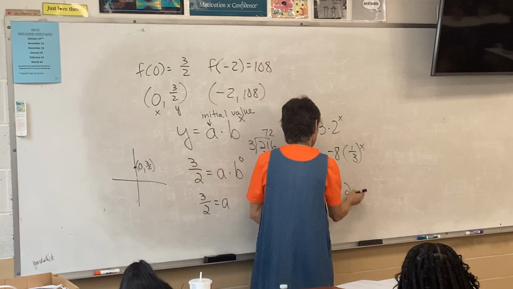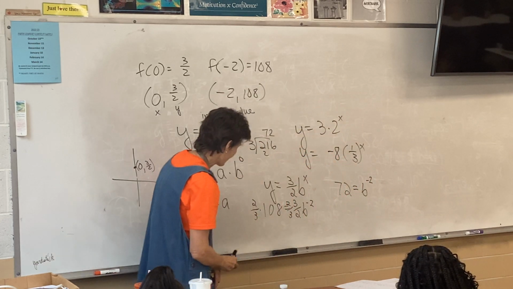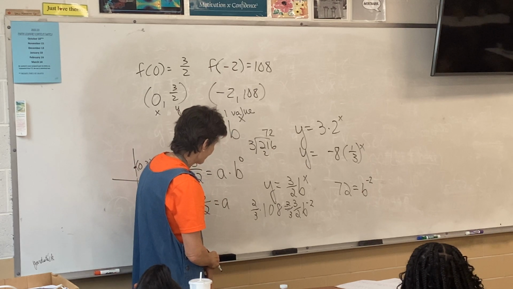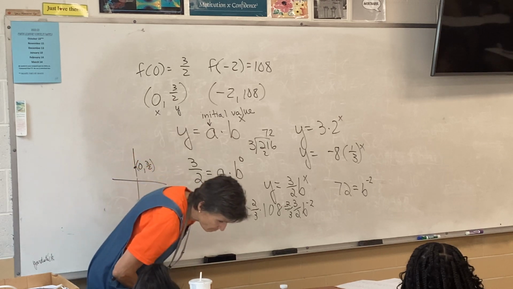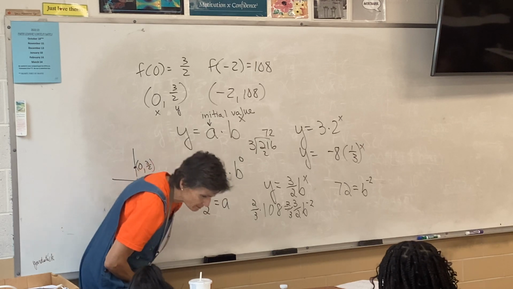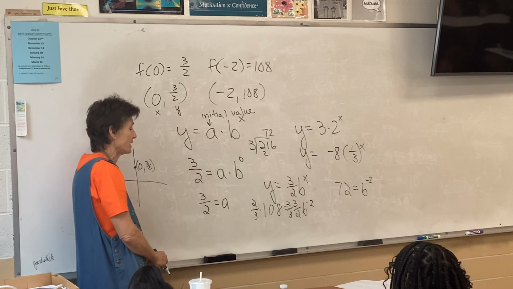So 72 equals b to the negative second. Is that right? Boy, I thought I rigged this better than that. I think that is a 3/2, right? Yeah. Well, this is not nice, but it is what it is.